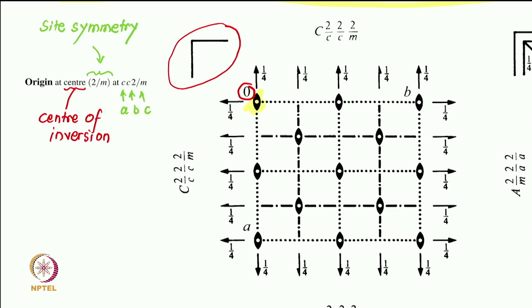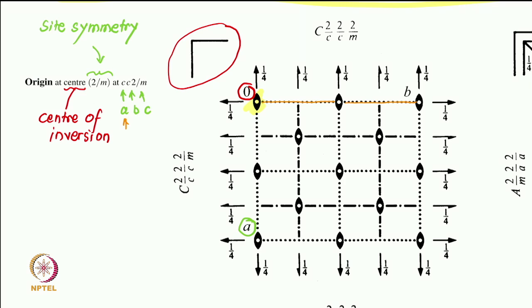What it is saying is that at the origin, perpendicular to the A axis there is a C glide plane. Now, as you can see, this is my A axis. So, perpendicular to the A axis is this plane, and you can see that this plane is shown by dotted lines. So, there is a C glide there. Perpendicular to the A axis you have a C glide.